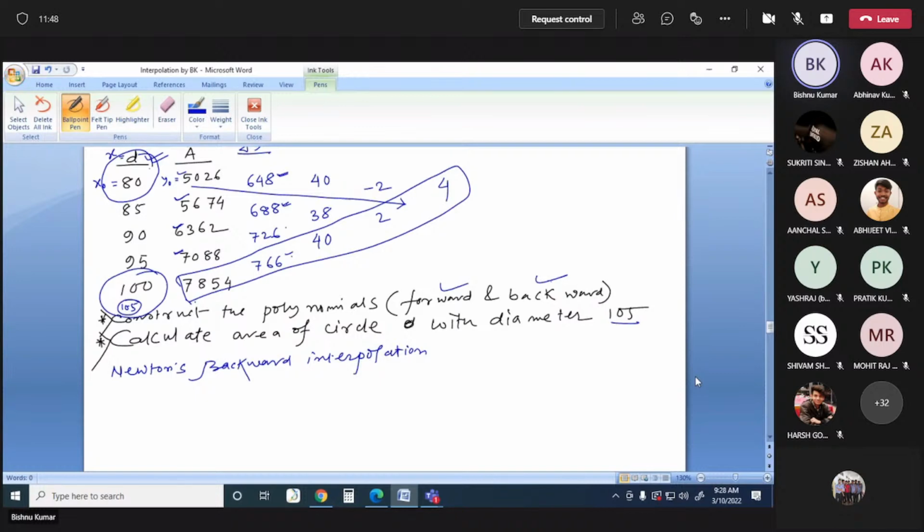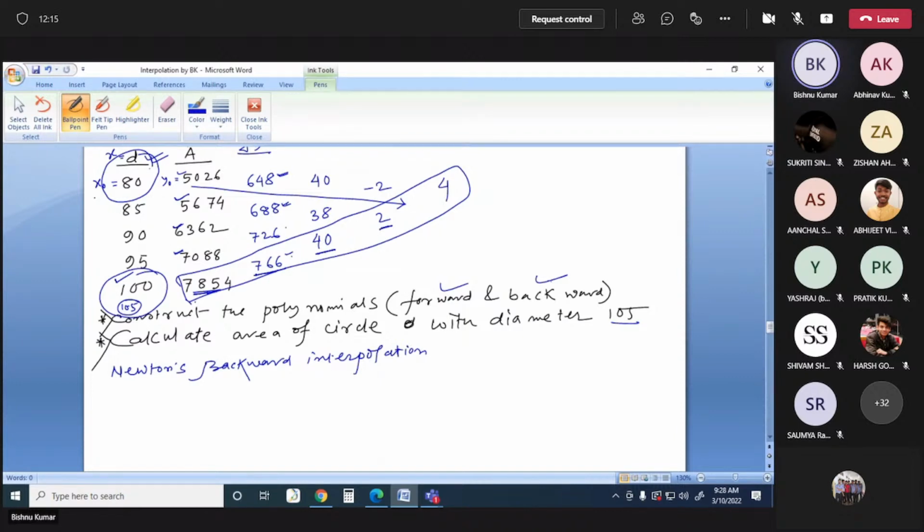You are seeing the lower diagonal elements. Suppose yn means the y value at the last x, and the last x is 100. So at that point the y value is yn, then grade yn, grade square yn, grade cube yn, here y4 actually.